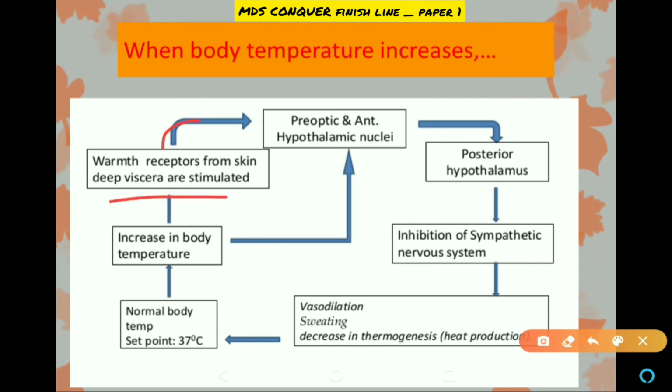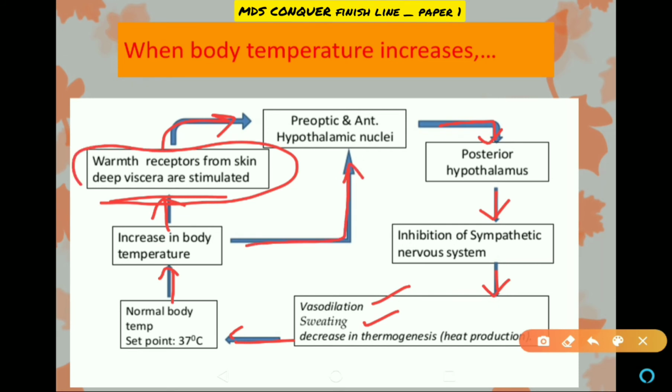Warmth receptors from the skin will act on the preoptic and anterior hypothalamic nuclei, which act on the posterior hypothalamus, then inhibit the sympathetic nervous system, which finally leads to vasodilation and sweating. This again leads to normal body temperature, and then in the cyclic range, when body temperature increases, the warmth receptors from the skin and deep viscera are stimulated. So this is what happens when body temperature increases.